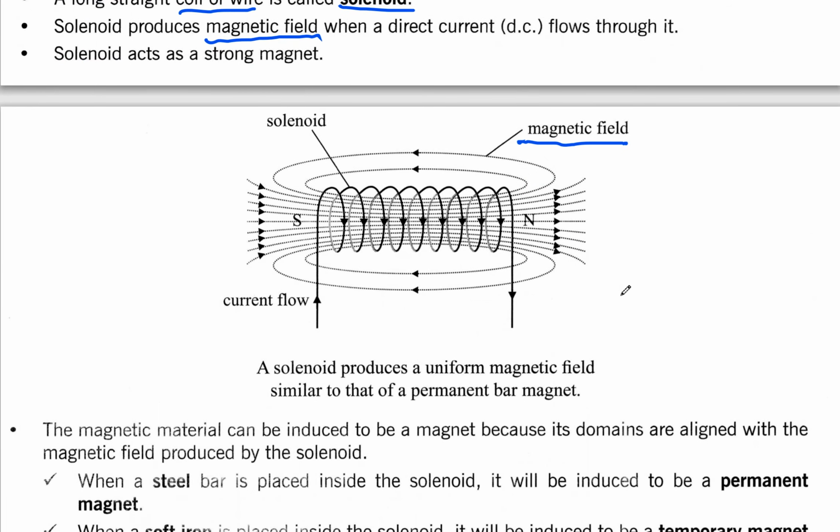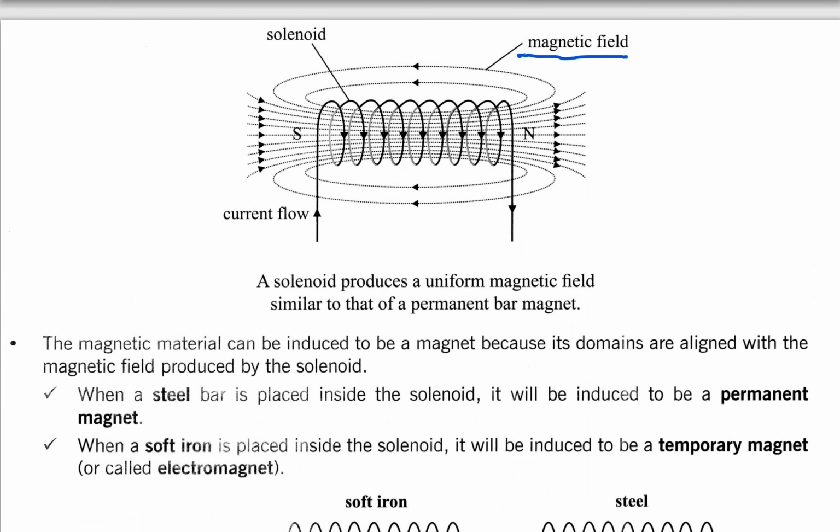When placed inside the solenoid, the domains in the piece of iron will be aligned such that the North Poles point in one direction and the South Poles point in the other direction. Thus, the piece of iron or steel becomes a magnet.